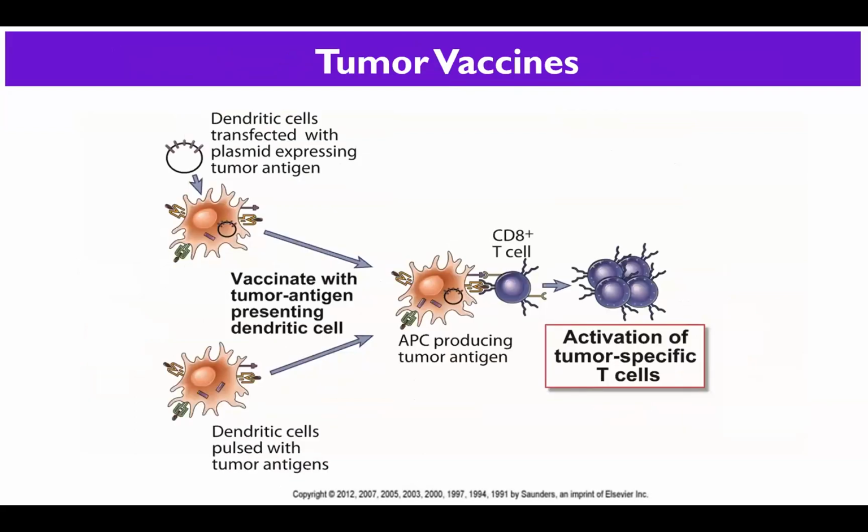With that in mind, folks decided, okay, how about if we take the cells and transfect them with a tumor-expressing antigen, or take the cells and pulse them with tumor antigens?